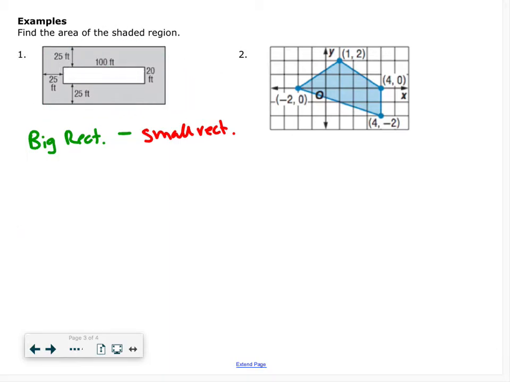So let's find some lengths here. For the area of the big rectangle, we have this is 100, and then this is 25, and this is going to be 25. So going all the way across, 25 for this part, 25 for this part, 100 for the middle part, is going to be 150 feet.